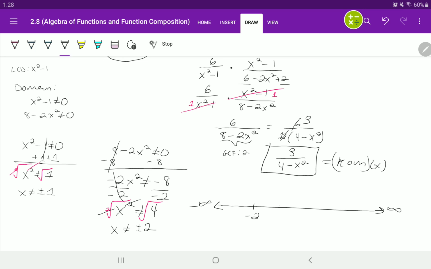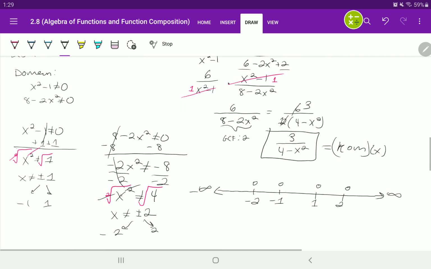Then we have negative 1, from the plus or minus 1. Then we have positive 1. And then we have positive 2. All those are going to get open circles because it cannot be equal to.